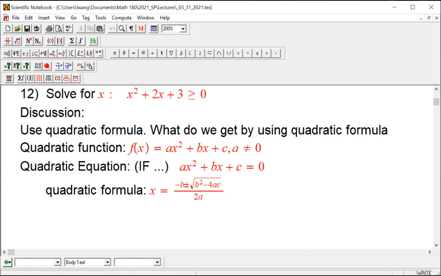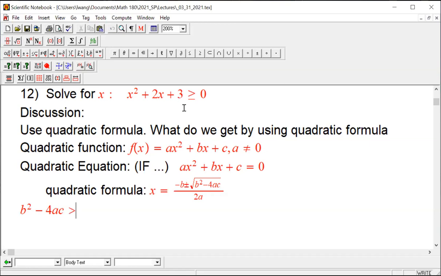Okay. This quadratic formula actually does not always give us the x-intercepts. What happens? Depending on b squared minus 4ac, if b squared minus 4ac is greater than 0, yes, we will get 2 x-intercepts.